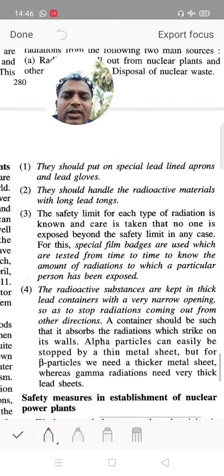We also use lead tongs for handling radioactive materials, and check the safety limits. Special film plates are tested from time to time to know the amount of radiation to which a particular person has been exposed, and to check the limits.